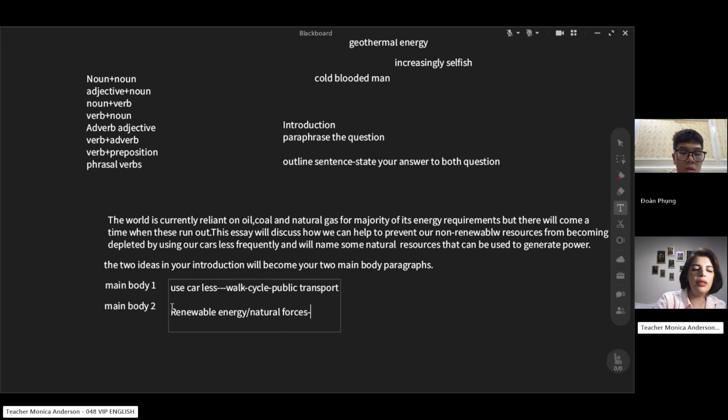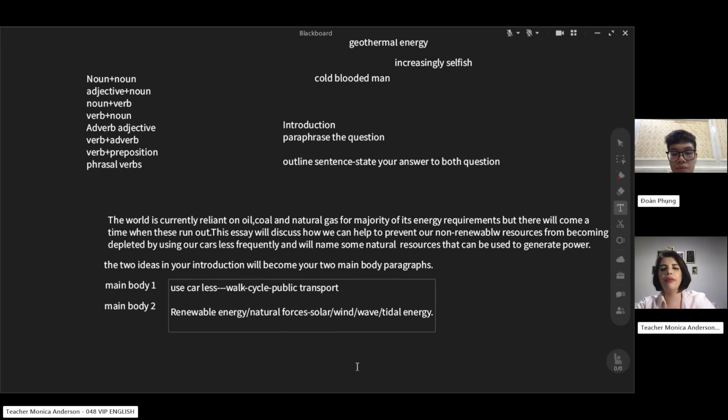For example, solar and wind and wave, tidal energy. Okay, so, how to write.